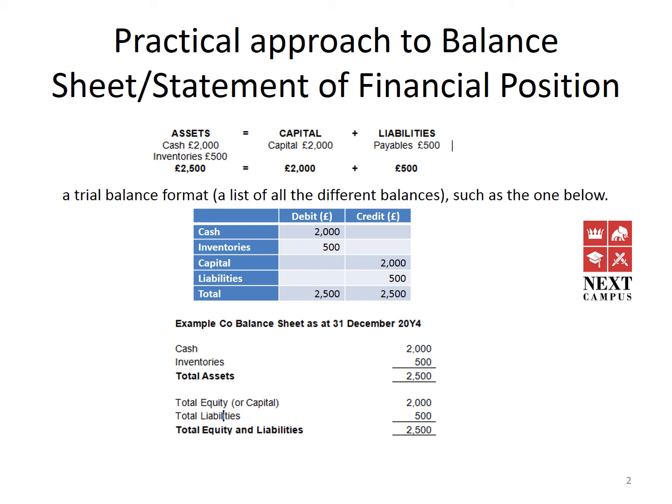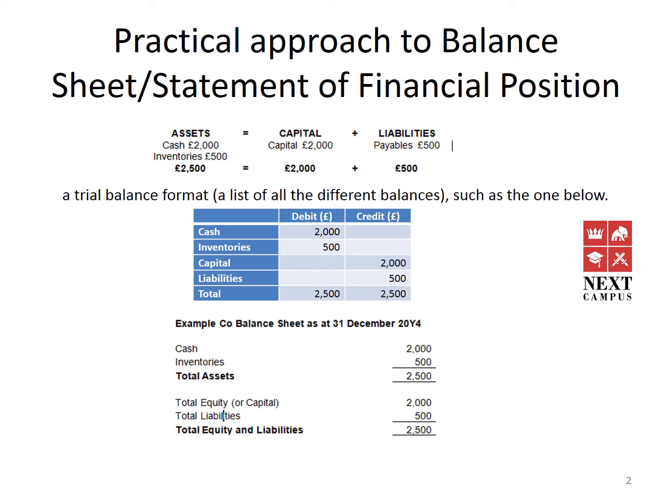So it totals out at 2500. Then it is being financed by the other side, liabilities 500 and total equity, that means the capital of 2000.